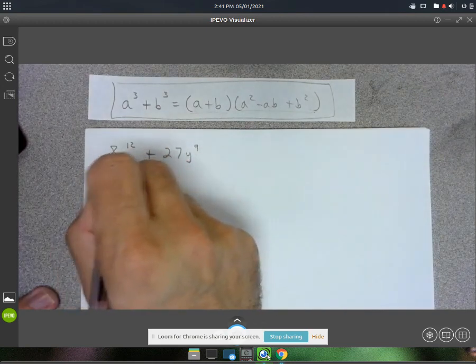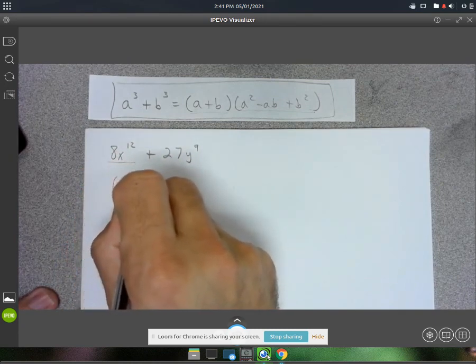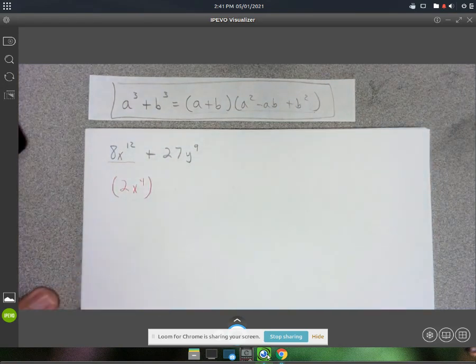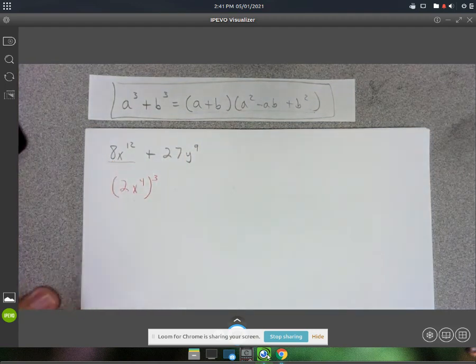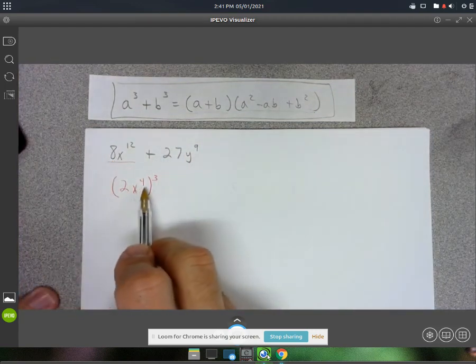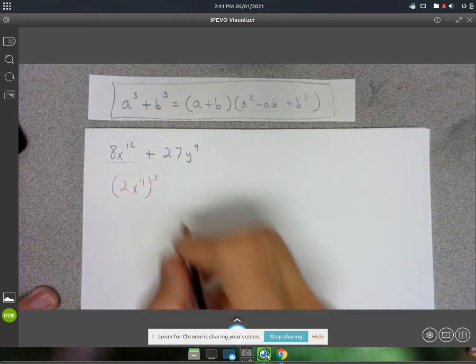I'm going to write this term as 2x to the fourth, all raised to the third power. So 2 to the third power is 8, and then x to the fourth, if you multiply it by itself 3 times, you get x to the 12th.